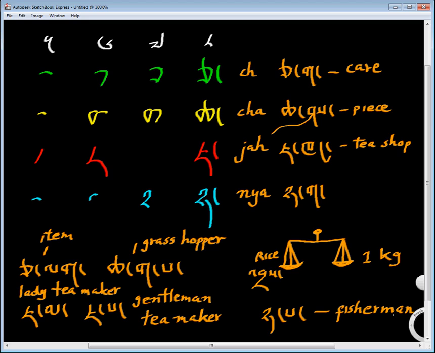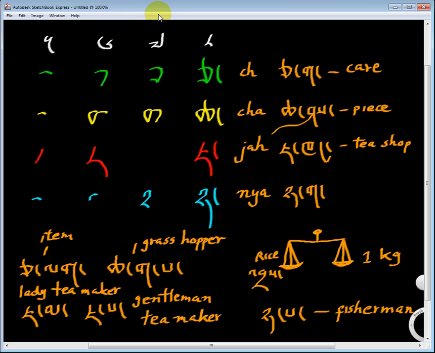So generally people who make a living fishing, not for games or for fun, but in order to survive and provide for his family or her family, they do fishing. So that's called nyapa. But not really those who fish for fun or for games. I really don't get it, but anyway.